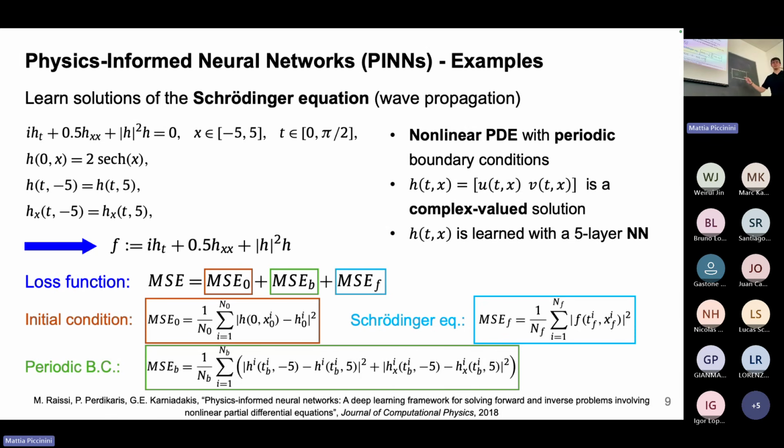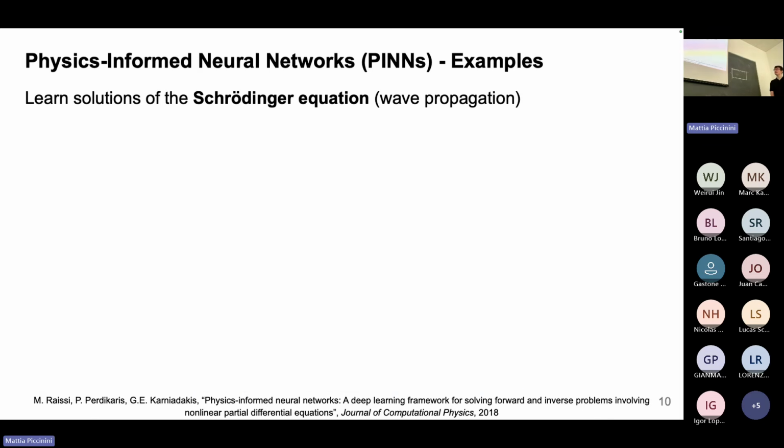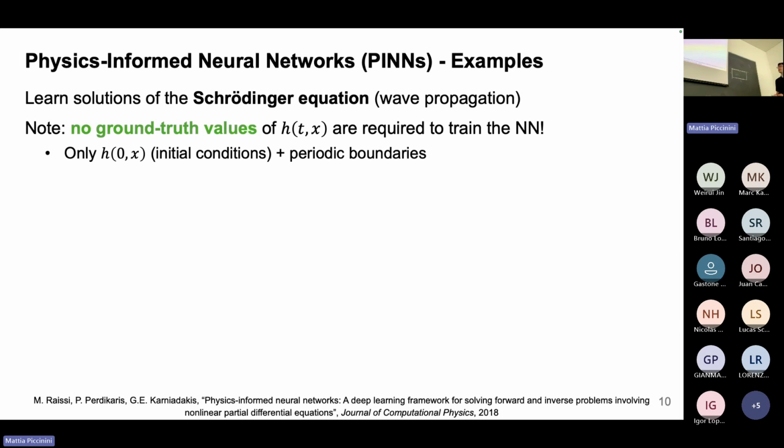This is very interesting because you can still generate hundreds of thousands of points inside the domain to refine the solution and improve the quality of the solution you find inside the domain. Basically, we don't need ground truth data inside the domain, only the initial conditions and the periodic boundaries. This is powerful, because we don't need to collect data, which can be tricky in real life.